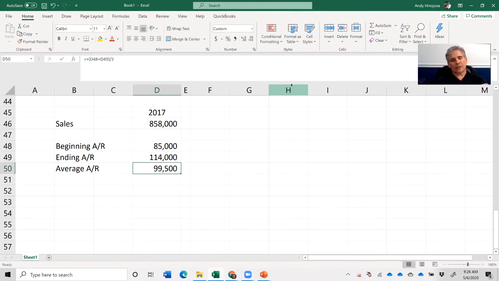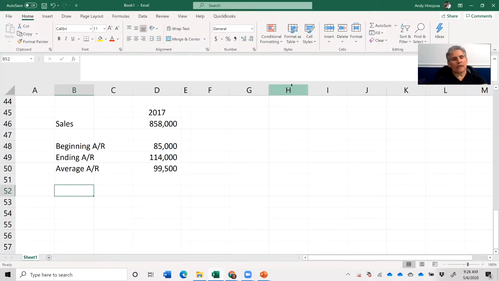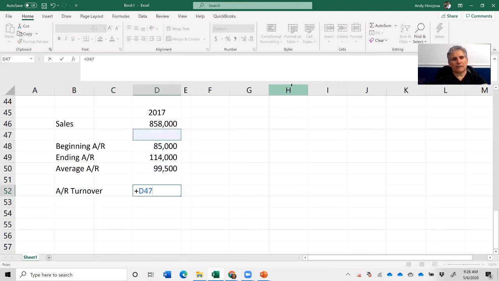So the average AR is $99,500. And now to compute the AR turnover, the formula is taking your sales and dividing it by your average AR. I think they round it to the nearest tenth, so it's 8.6.